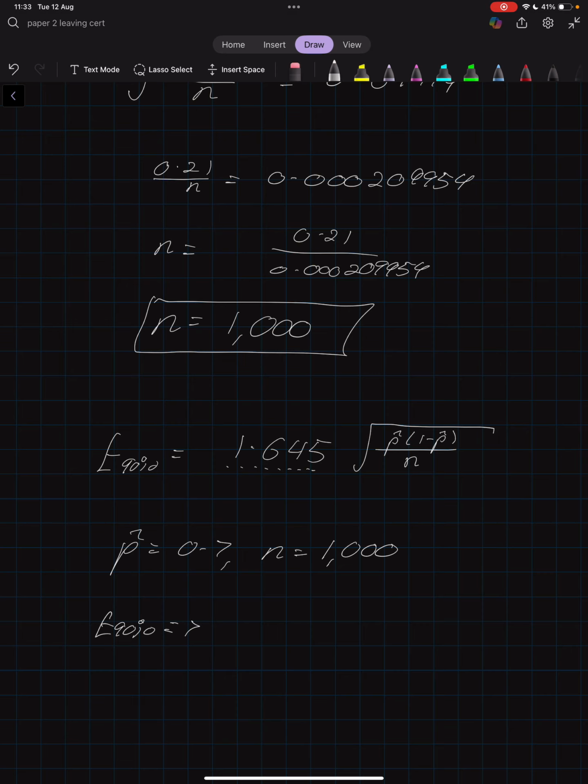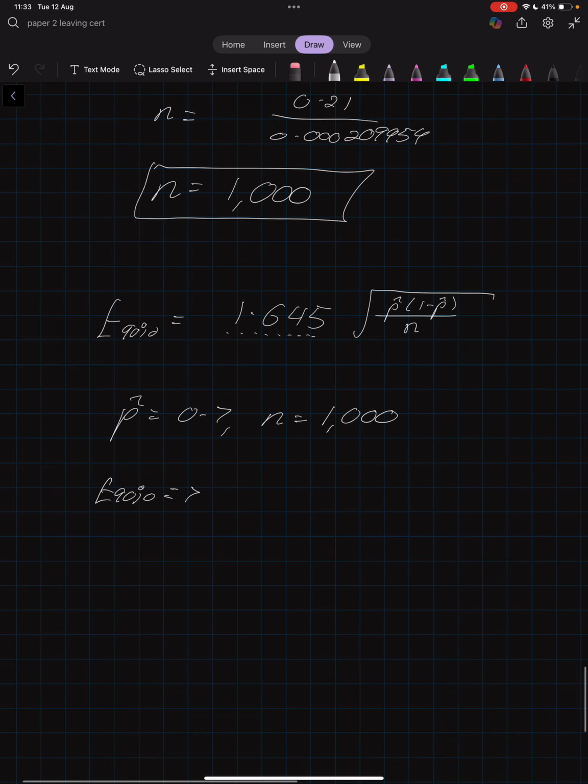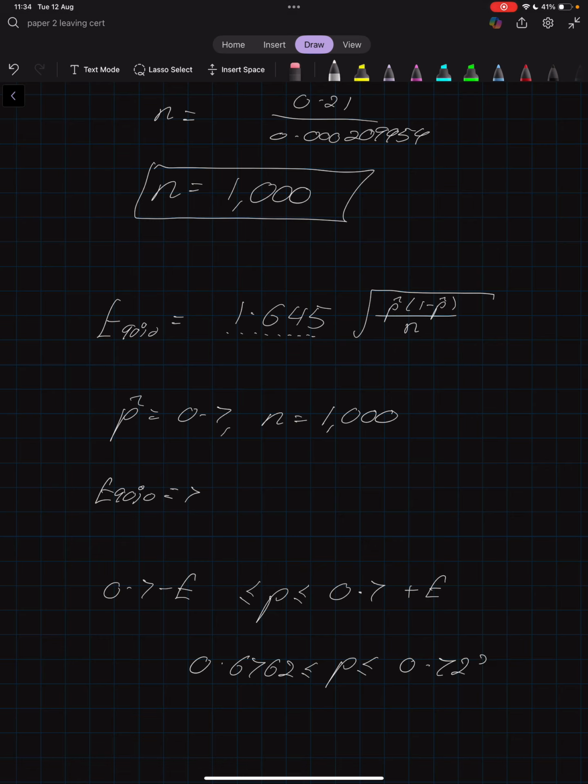So I end up that P is going to be less than or equal to 0.7 plus E, and greater than or equal to 0.7 minus E. And then if you plug this in, you're going to get 0.6762 is less than or equal to P less than or equal to 0.7238. Okay?